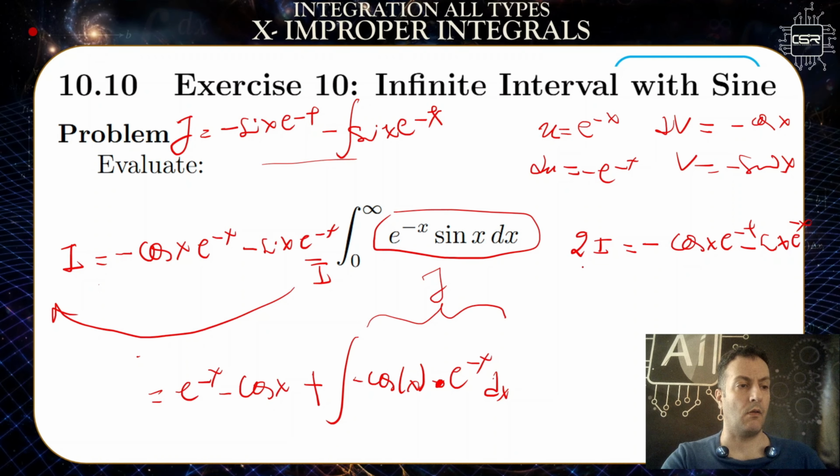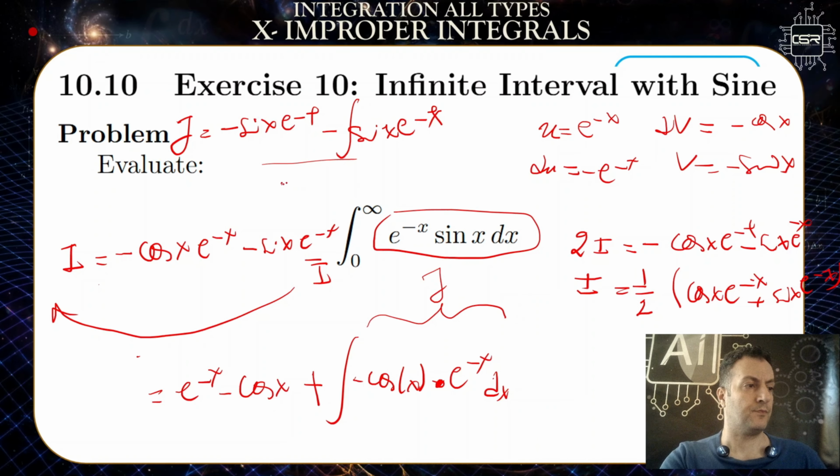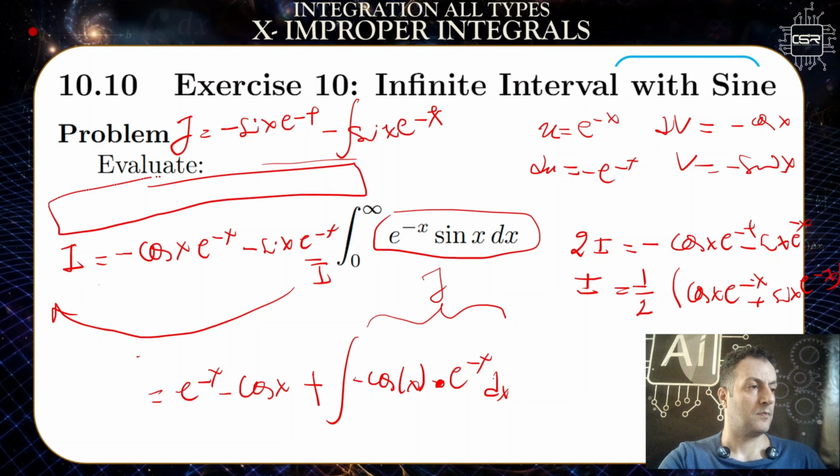Now, okay, so I becomes 1 over 2 times minus cosine x e to the minus x minus sine x e to the minus x, or minus e to the minus x over 2 as a common factor, times cosine x plus sine x.